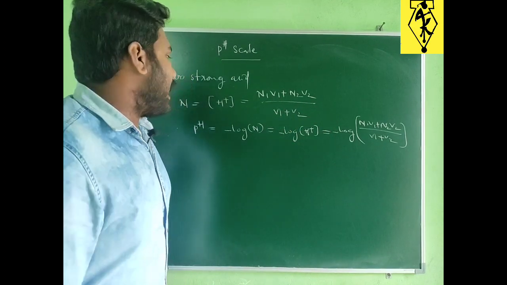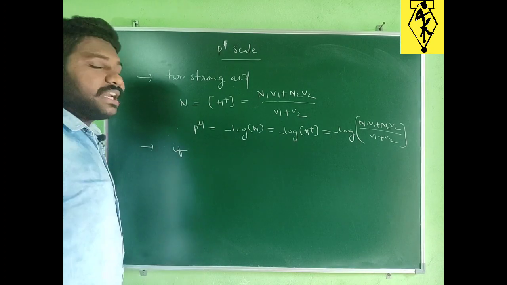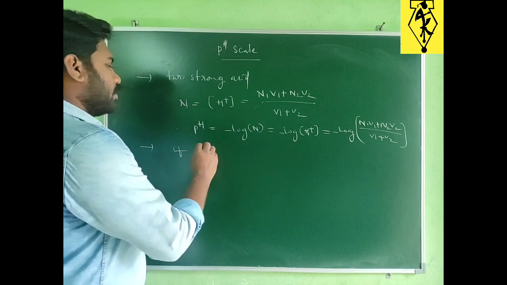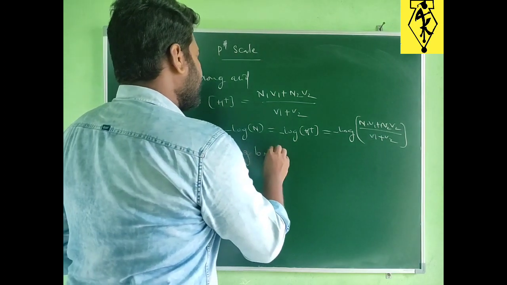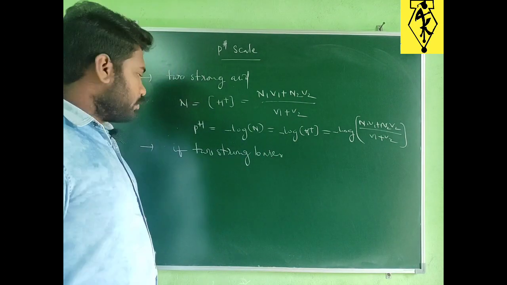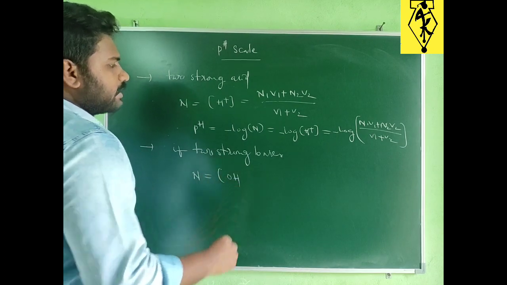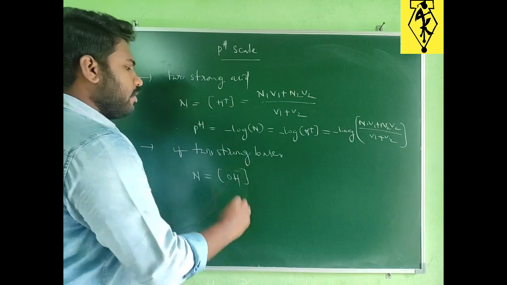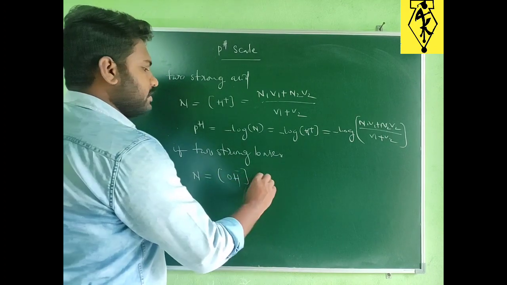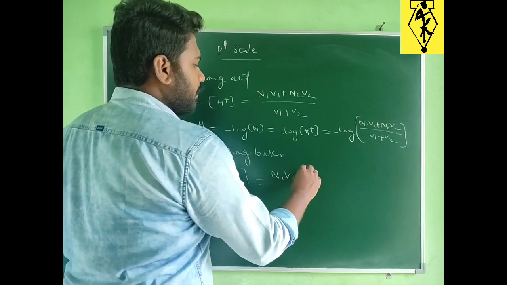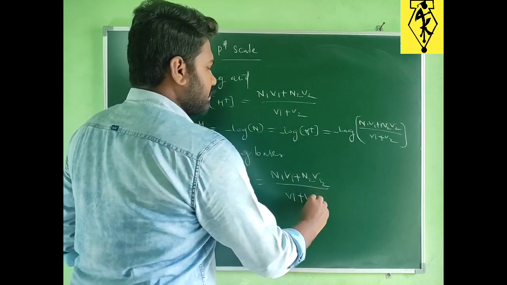Or else, if they have given a mixture of two strong bases, then for that mixture, a similar formula: N equals, here instead of H plus ions we will have OH minus, because we are mixing bases. That is equal to N1 V1 plus N2 V2 divided by V1 plus V2.